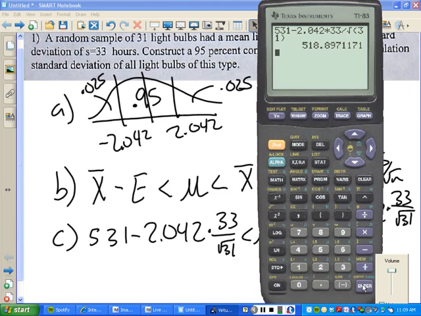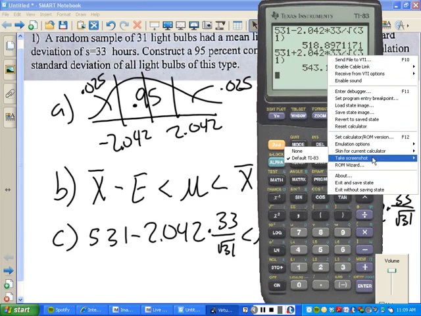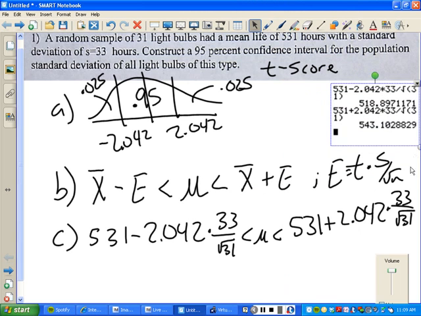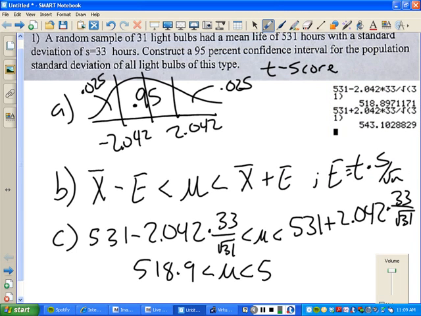Remember, we're going to go one decimal place further than the decimal in the problem was. Same thing, but switch the minus to a plus. Second enter. And go change the minus to a plus. Okay. So at this point, we'll go ahead and paste that right there. So we're going to say 518.9 is less than mu, which is less than 543.1.